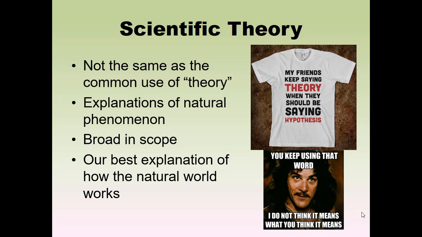So as we take a look at theories, we might take a look at the example of cell theory, that all living things are composed of cells. Okay? So it's going to describe the structure of things. Now, as we go into other areas of science, we've got, say, atomic theory. Atomic theory explains to us that all matter is composed of atoms. So when we find some object, we presume that it is composed of atoms.